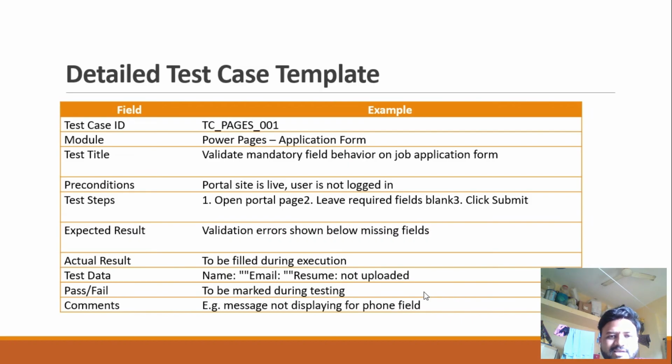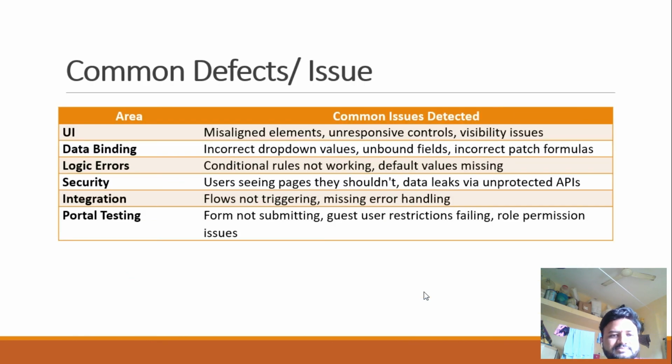The first, the test case ID, then the module for which we are preparing that particular test case, then the test title, the preconditions, the steps we need to perform to execute that particular test. Then the expected result, the actual result, then the test data, pass or fail, and the last one related to comments.